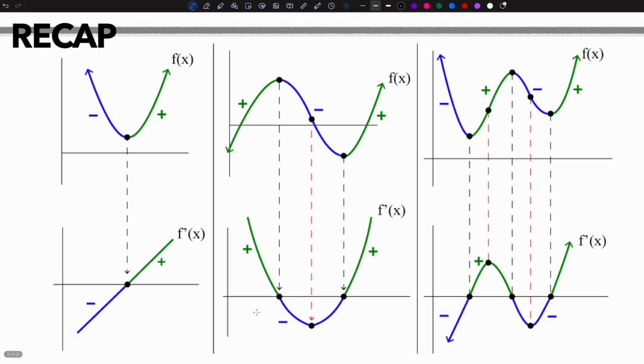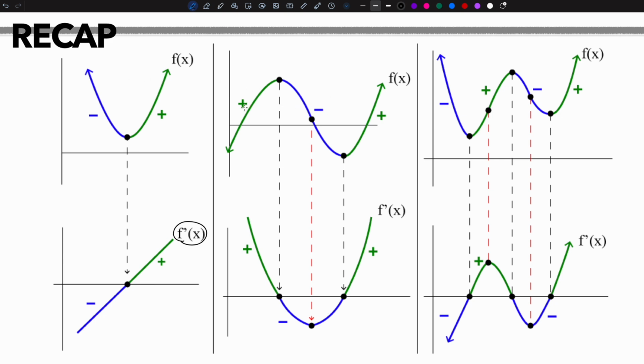So if we think of it in terms of actual graphs, if the original function was decreasing and then increasing, that means the first derivative graph was below the x-axis, negative numbers, and then above the x-axis, positive numbers. Where it crosses at 0 is going to be that minimum point, going from a negative slope to a positive slope.